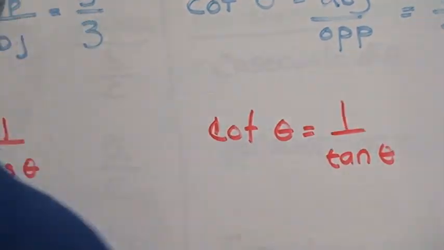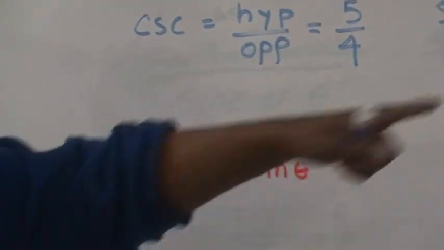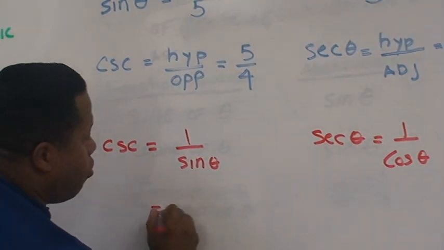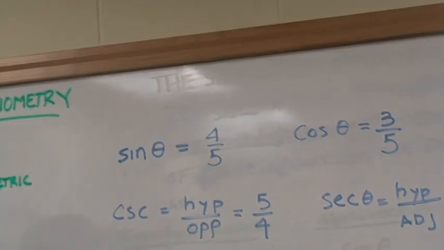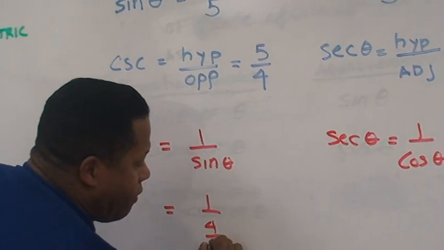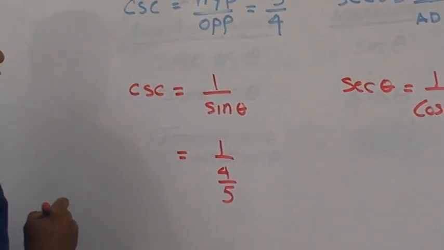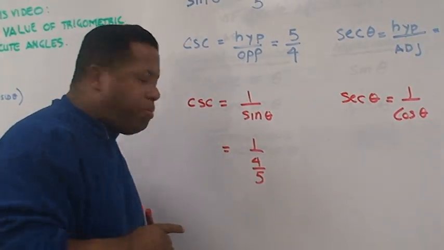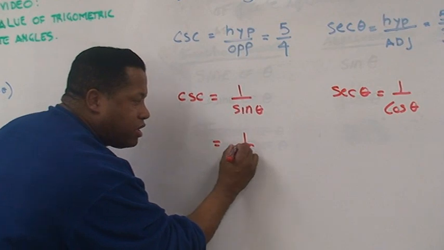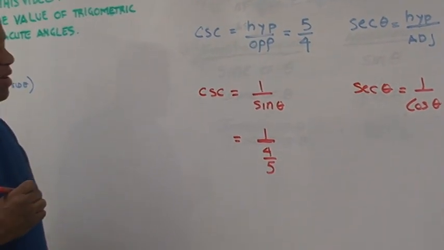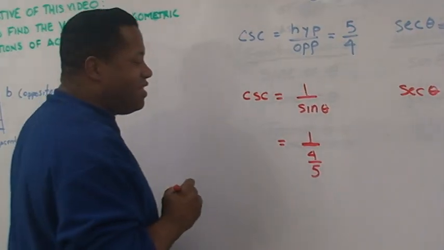Now, all we have to do is go back and get these values and put them in here. For example, 1 over sine, which is what? Sine theta, which is 4 over 5. Remember that? And we will get the same value, because 1 divided by 4 over 5 is going to equal 1 times 5 over 4. A lot of students don't like fractions, but we can't live without them. It's a part of mathematics.